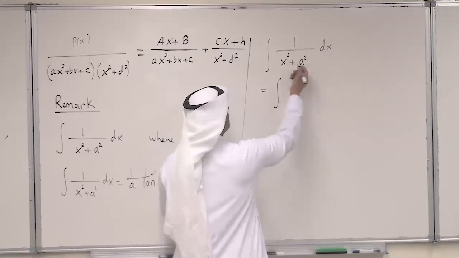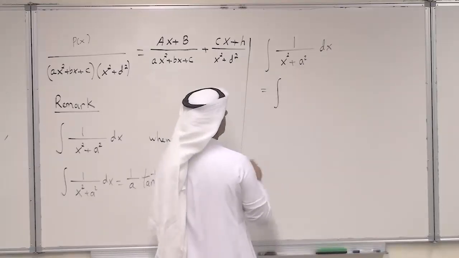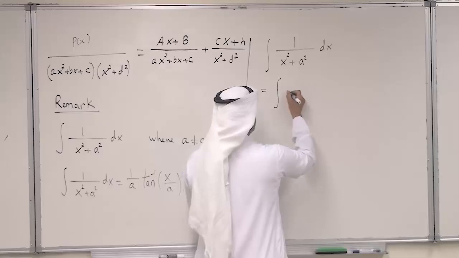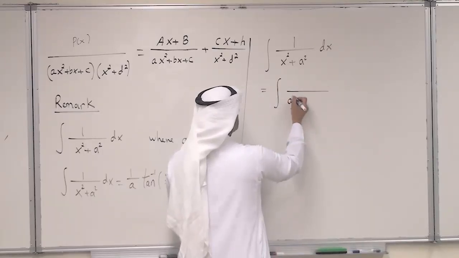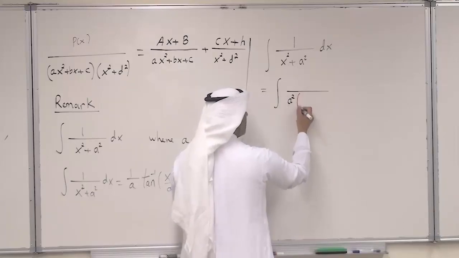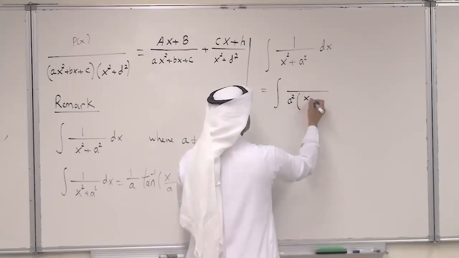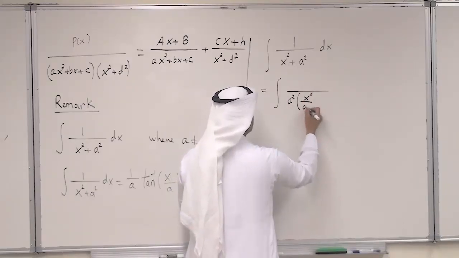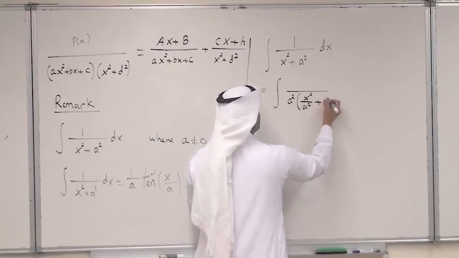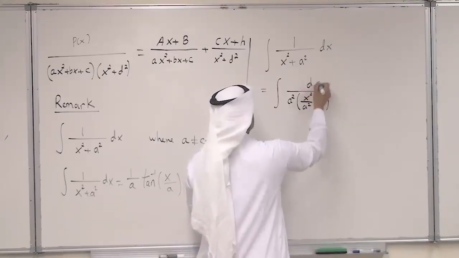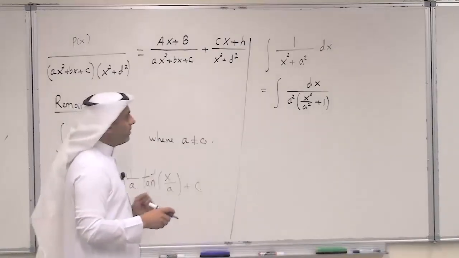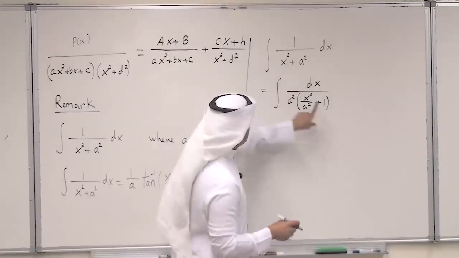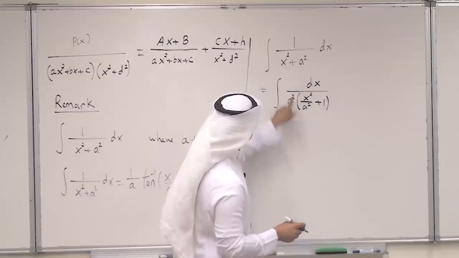first I will take a squared common factor. I will divide by a squared. I will take it common factor from the denominator. So I have here a squared. What do we have here is x squared over a squared plus 1. So that I balance what I did. So this is dx. Fine? So I took only 1 over a squared outside. This is a squared is now taken as a common factor.